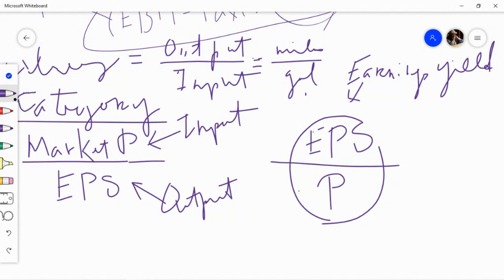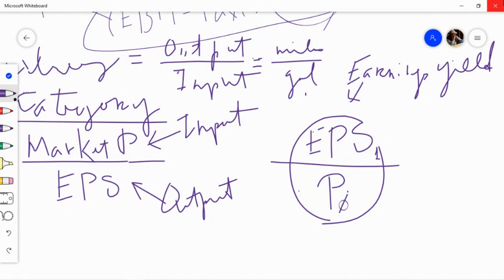But think about it. If you put a time subscript, this is price at time 0, and this is earnings per share at time 1. Why? When you buy the stock, you buy it at time 0. That's when you start, right? So you pay the price at time 0. But earnings per share will be the result of the performance of the stock one period later, like a quarter after, or a year after.